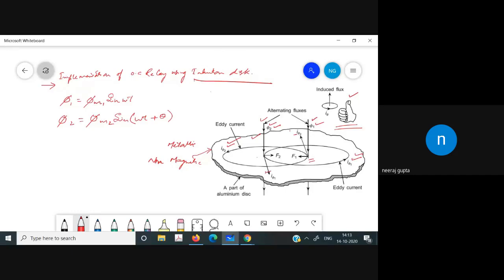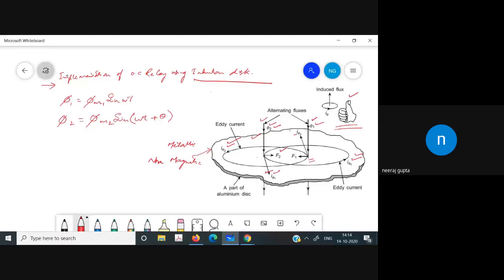From Fleming's left-hand rule, you can find that the force acts in this direction for the interaction of flux phi1 and current I phi2, and for the interaction of flux phi2 and I phi1 we get the force F2.